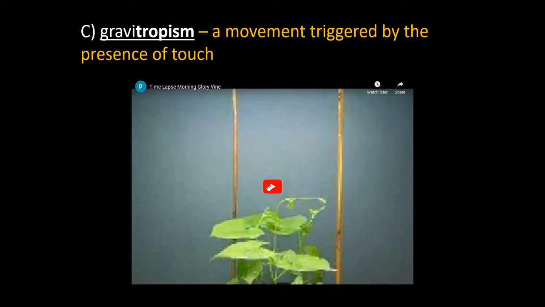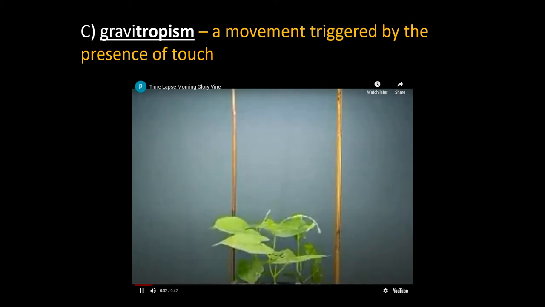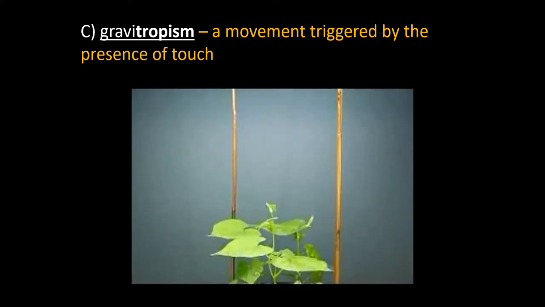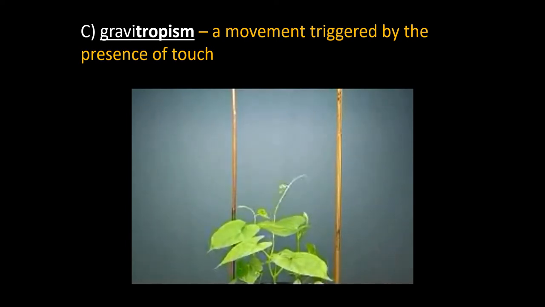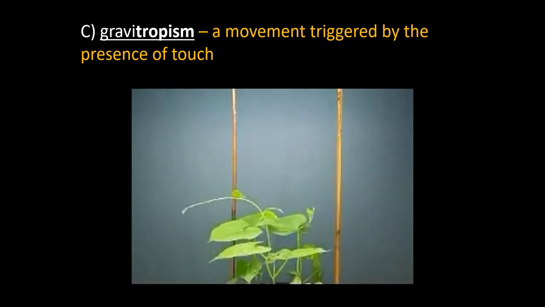A lot of vines you will see have this. Okay, and you can see this vine is actually moving on a regular basis. You're not used to thinking about plants moving, but this is what it's doing. You just don't watch long enough to find out.